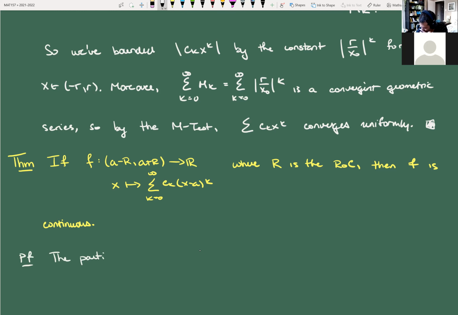We know that from our geometric series example, which is unbounded near x equals 1. It's bounded on any subinterval, but as you let little r get bigger, those bounds become bigger themselves. So we can't apply the same technique for boundedness as we did for continuity.